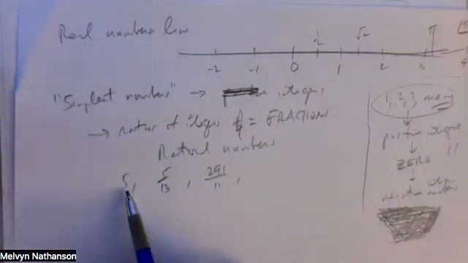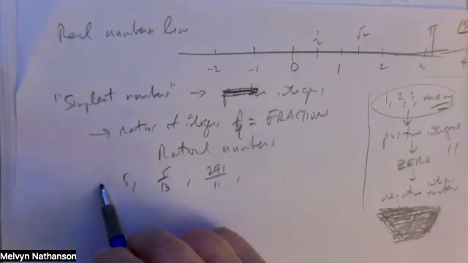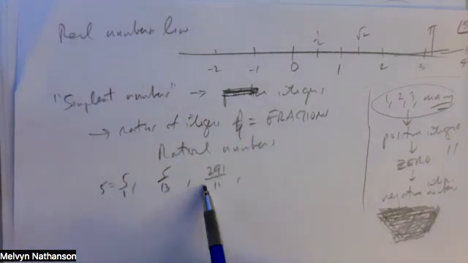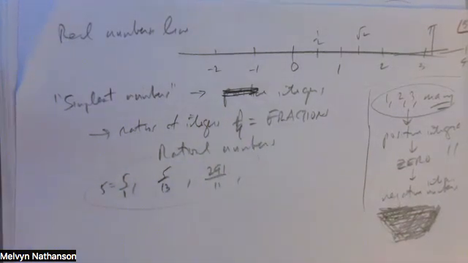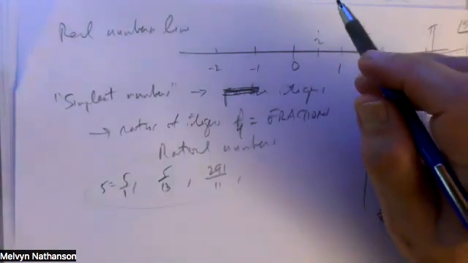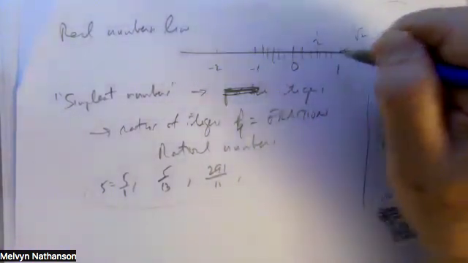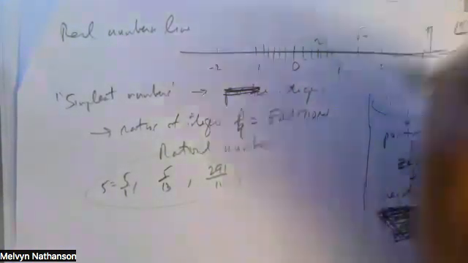An integer you can also think of as 5 over 1. So the integers are rational numbers. And the thing about rational numbers is that there are lots of them, that the line is covered with them.